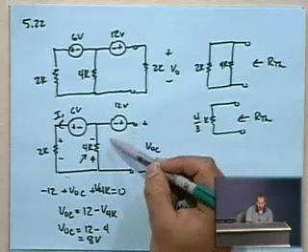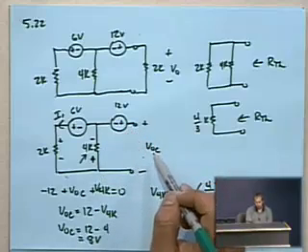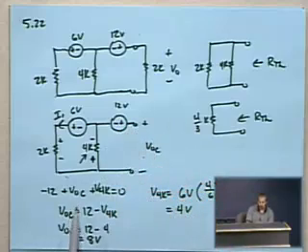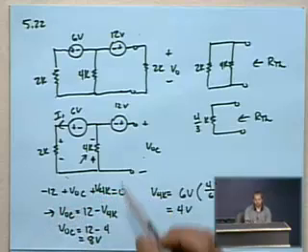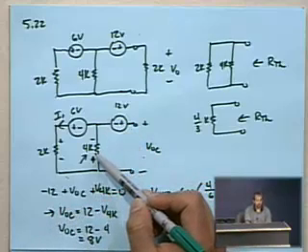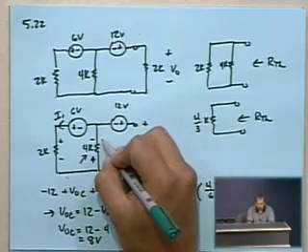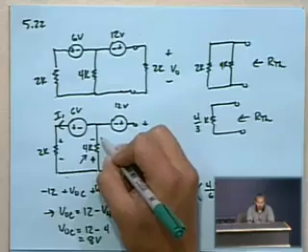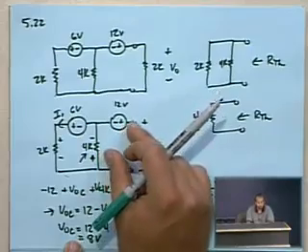So if you were to write a KVL equation around this loop to deal with the open circuit voltage appropriately, what you should end up with is something along these lines: the open circuit voltage equals 12 minus the voltage across that 4K resistor. If you want to think about it in a different way, and say, let's just make this the positive voltage, it's just the sum of these two voltages across the 12 volt source and the 4K resistor.